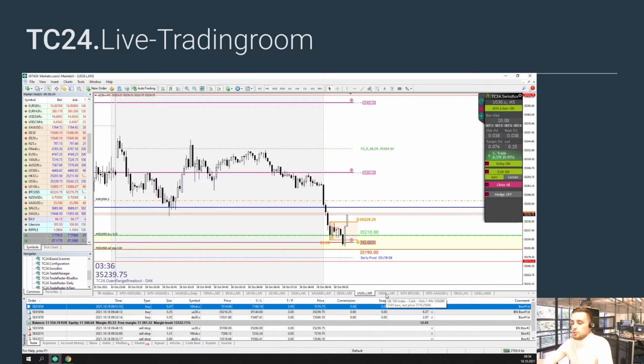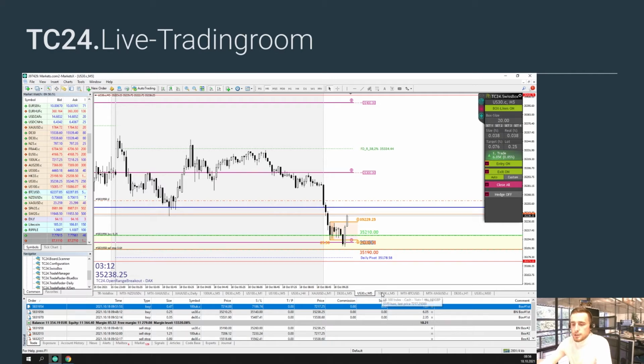Those signals will start coming out at 9 o'clock at the opening. First of all, we concentrate on the open range before the opening, and then after the opening, we can move over to the Vola box and start placing some grid trades, which we'll get onto in just a little bit.